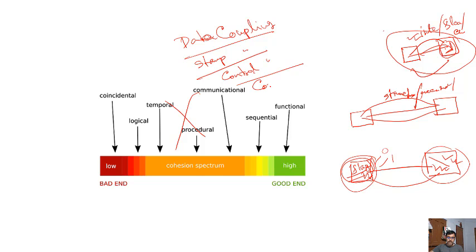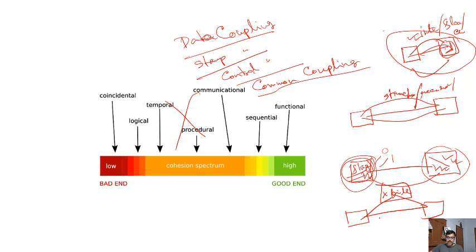Next, common coupling. Two modules are common coupled if they share some global data items. Here are two modules, module 1 and module 2, and suppose there is a global data item, say an X file, and these two modules share this same global data item.